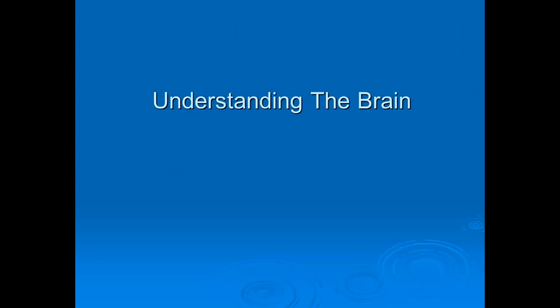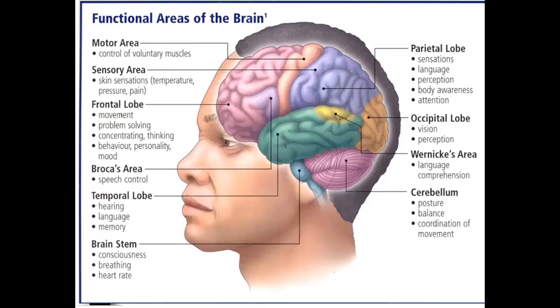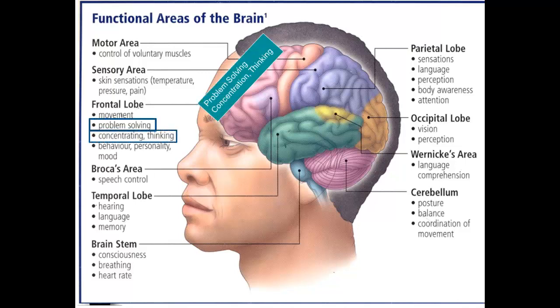So let's try to understand some basic parts of the brain. This may look very complicated, but we're only going to focus on certain parts. And this way, if you understand where those parts are in your own head, it might give you a little bit of awareness of where the brain parts are that we're going to focus on.